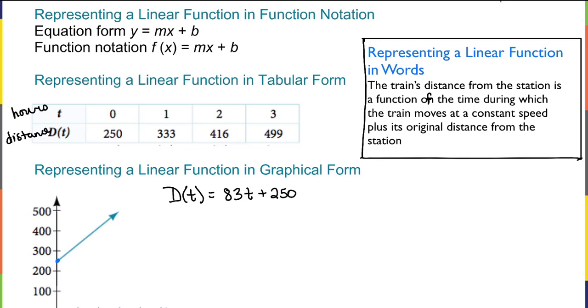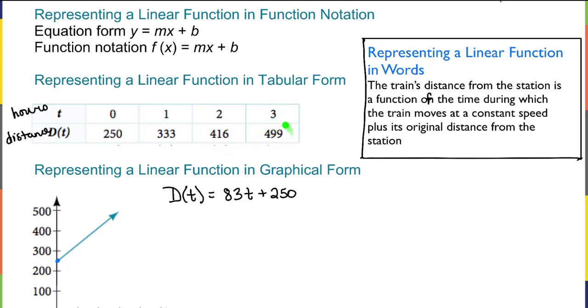Each point on this table, all of them together, represent this particular linear function. After 0 hours, the train is 250 miles from the station. At the beginning, before the train travels any miles at all, it's 250 miles from the station. After 1 hour, it's 333 miles from the station. After 2 hours, it's 416 miles from the station.